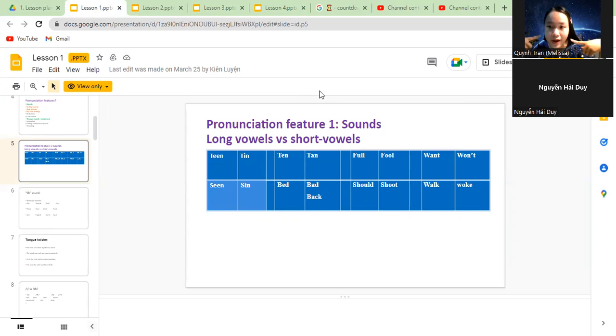We have to smile a little bit. But when it comes to short vowel sound, we just relax. We don't need to stretch anything with our mouth.